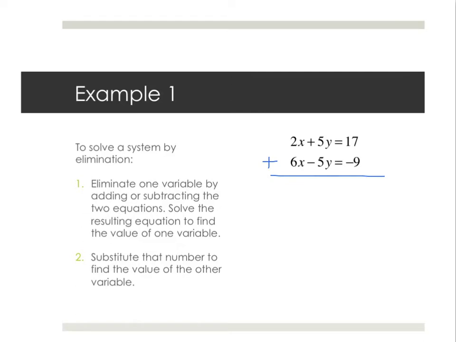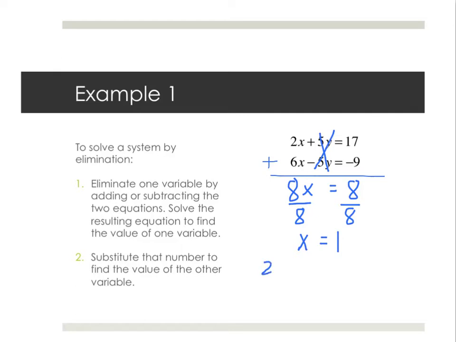So what you're going to do is add straight down. You're going to get 8x, and 5y minus 5y is going to cancel. So you get 8x equals 8, and then you solve: x equals 1. That's solving the resulting equation to find the value of one of the two variables. Now we substitute that number back into one of the two equations to find the other variable.